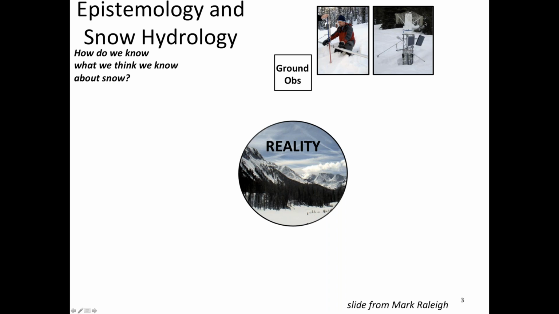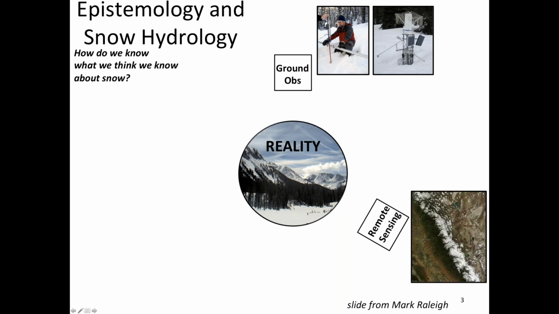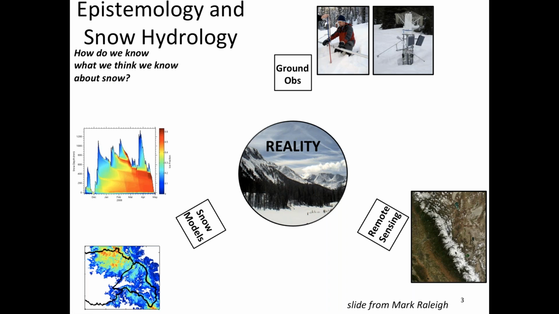But we have things that record the weather around the snow. We have a lot of satellites in space, remote sensing. This is a MODIS image of the Sierra Nevada. And you can see, snow is bright and white. We can generally see where snow is with remote sensing. And then, the focus of this class, we have snow models where we can try to represent what's happening in the snow through some kind of set of equations and simulations.